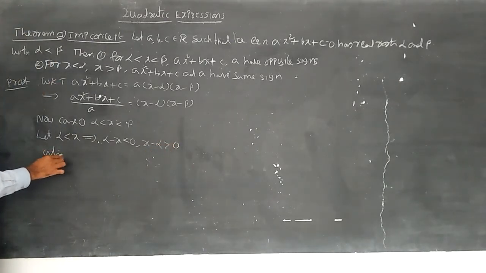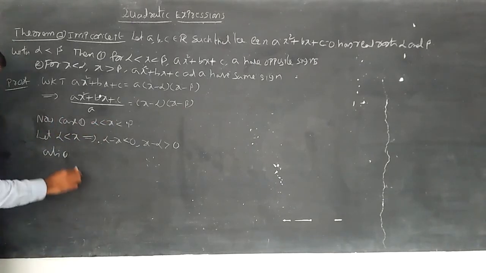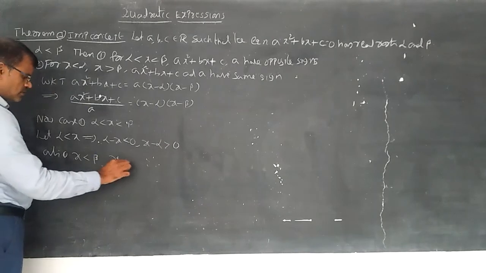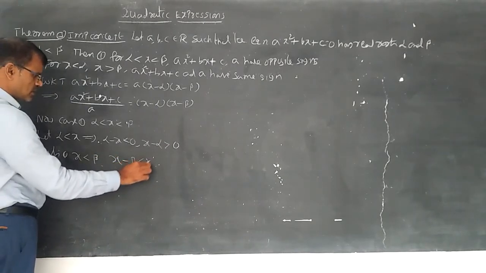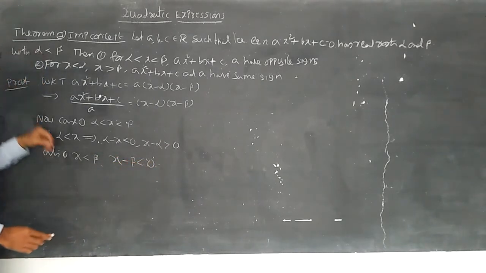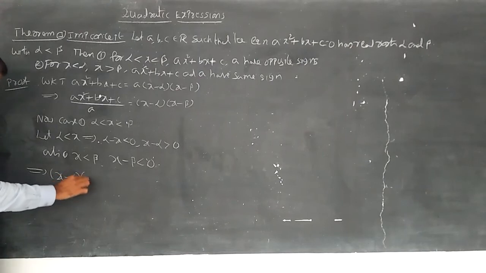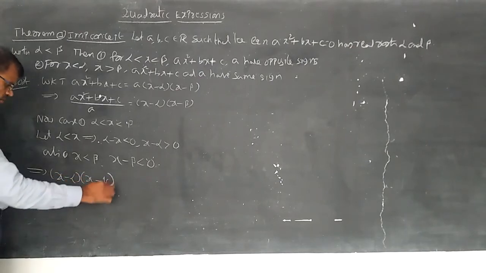Similarly, x is less than beta, so x minus beta is less than 0. What is happening here? Consider x minus alpha into x minus beta.